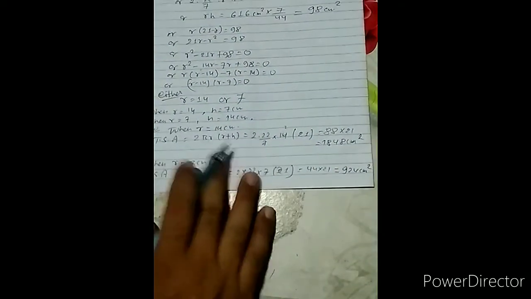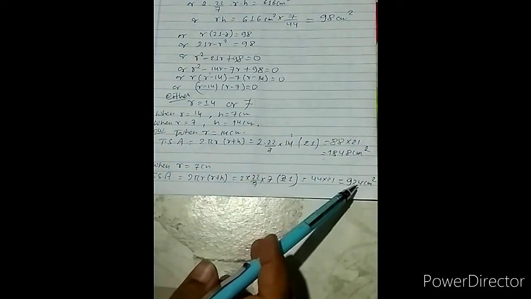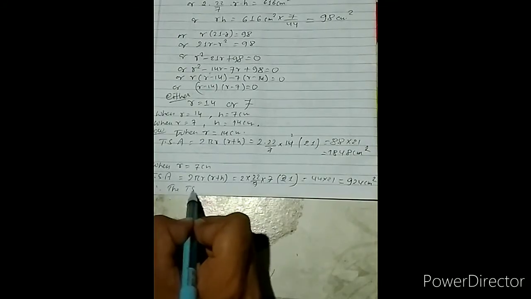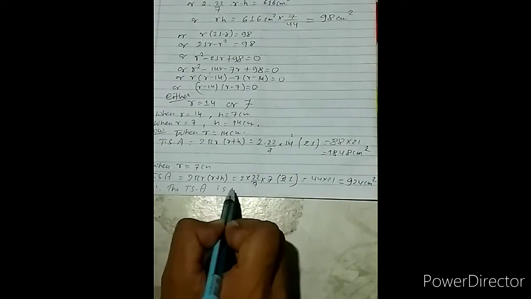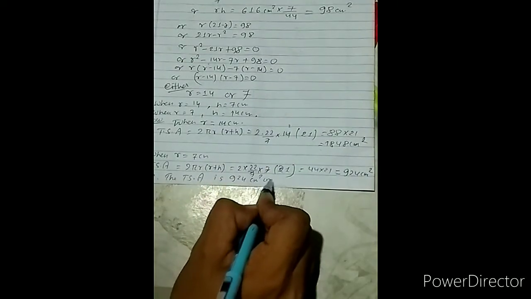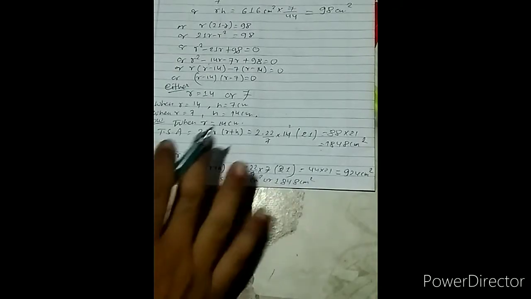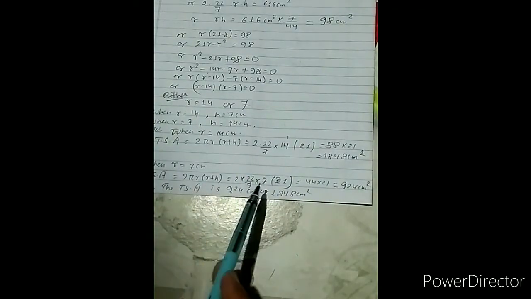Okay, we get two total surface areas. One is 1848, another is 924. Therefore, the TSA is 924 or 1848 centimeter square. This is also correct answer.